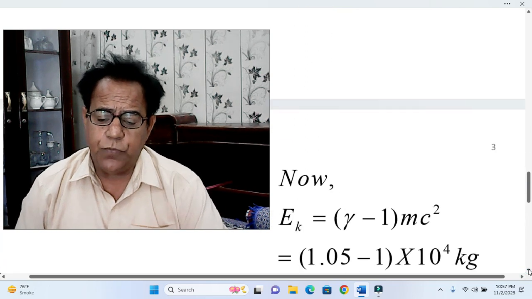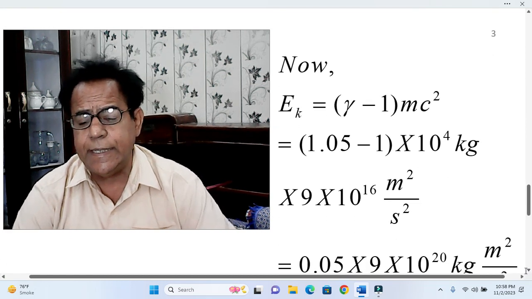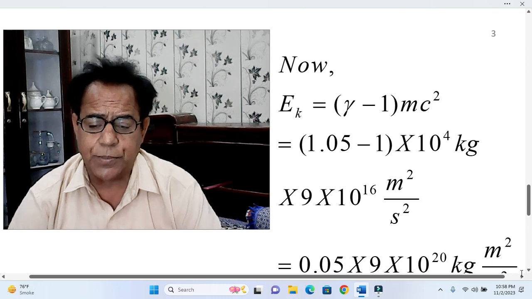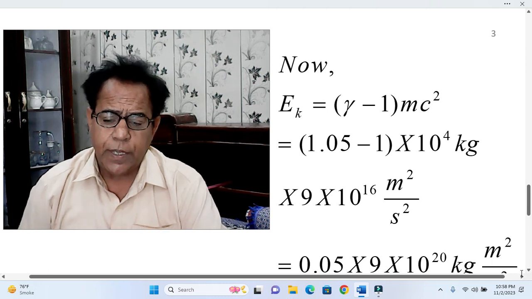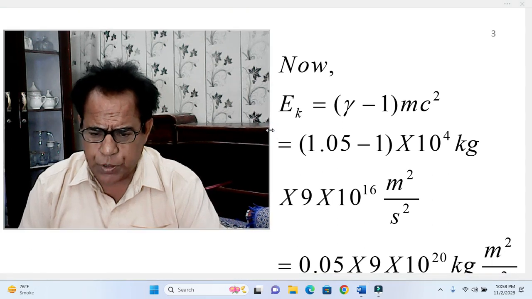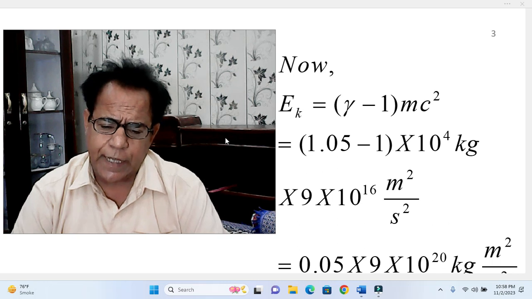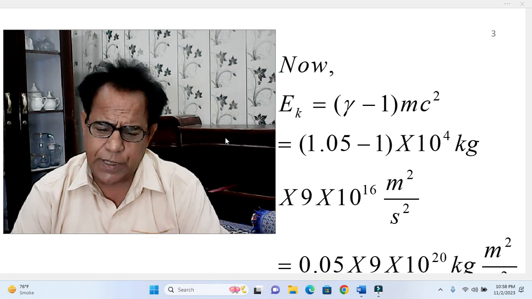Now we move further. We know that kinetic energy E_K, where K is written as a subscript of E. Dear students, it is our discretion; we can also write kinetic energy as KE, or simply in words, kinetic energy.